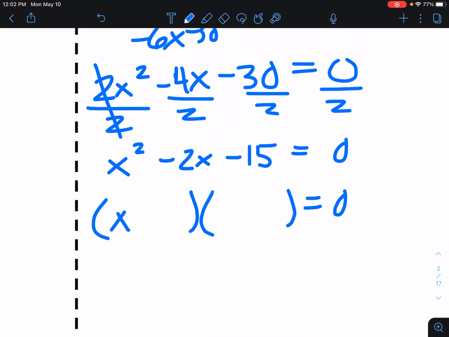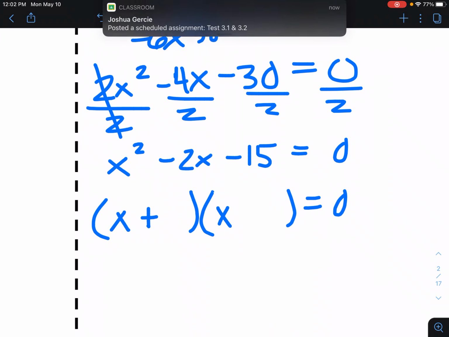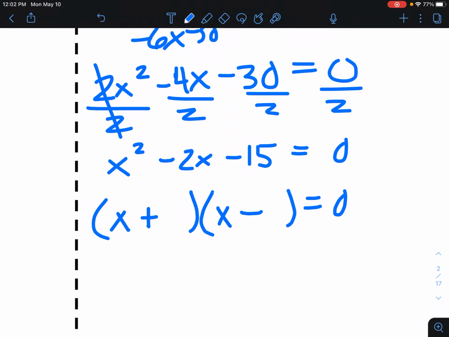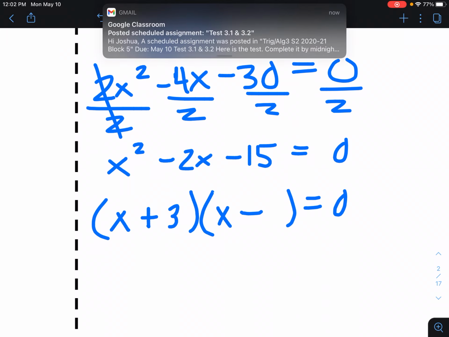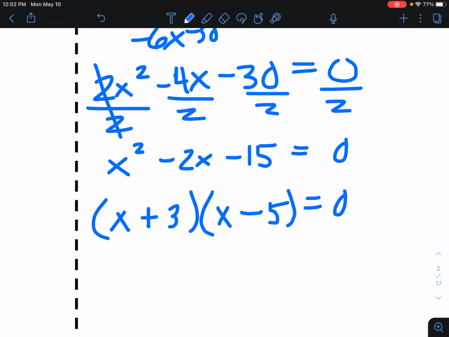I see that my x squared splits up into x and x. I have a minus 15 for my c term, so when the c is a minus, that's plus and minus. And two numbers that multiply to get negative 15 and subtract to get negative 2 with different signs would be positive 3 and negative 5.